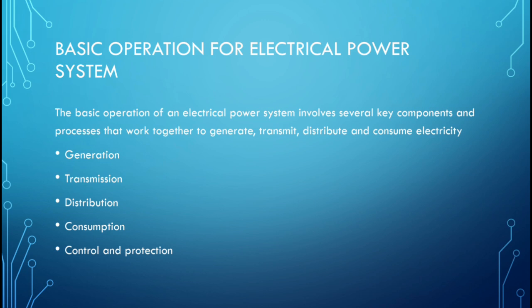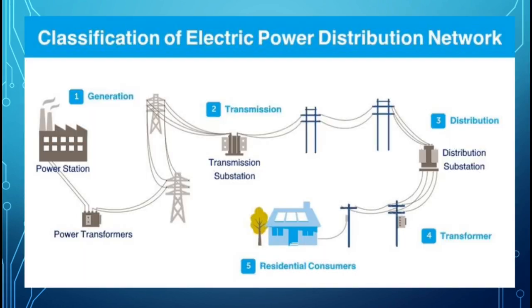Number 4, consumption. Examples for consumption are residential consumers, commercial consumers, and industrial consumers. And last but not least, control and protection. The examples for control and protection are load balancing, grid stability, and protection systems.